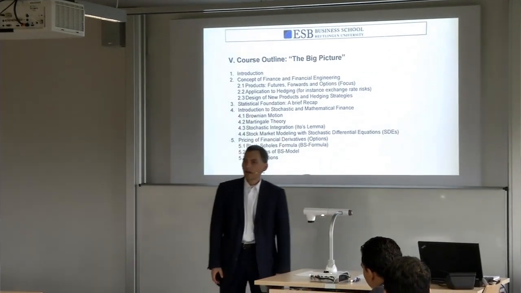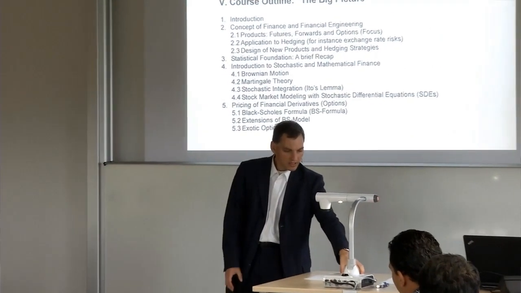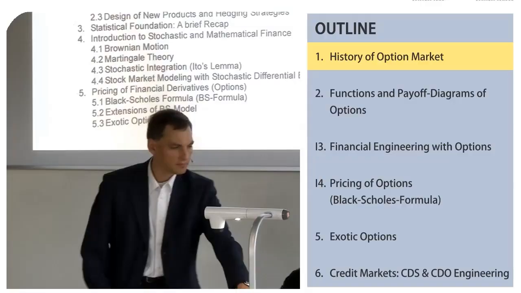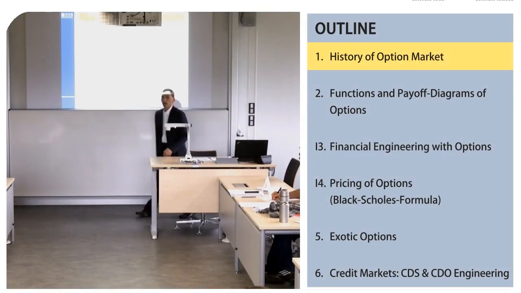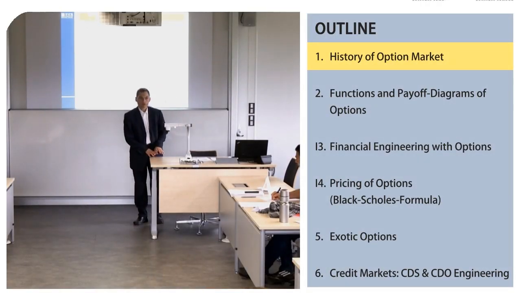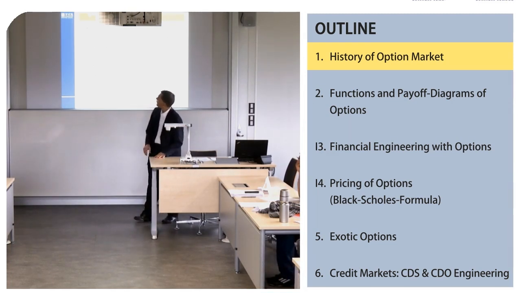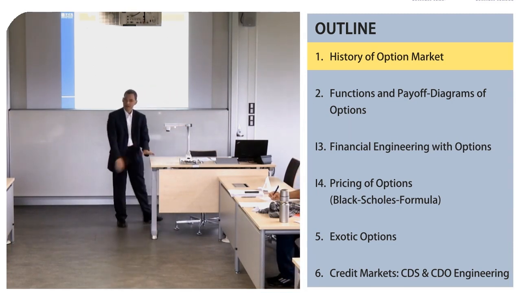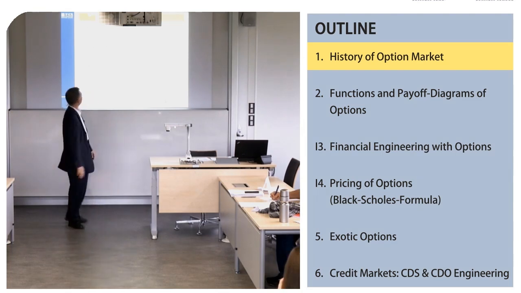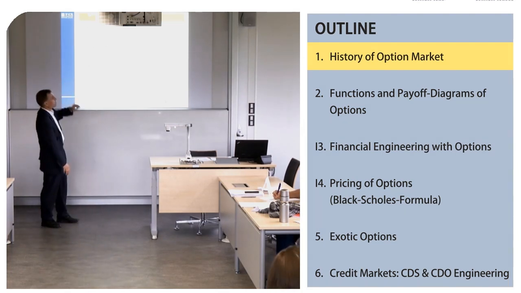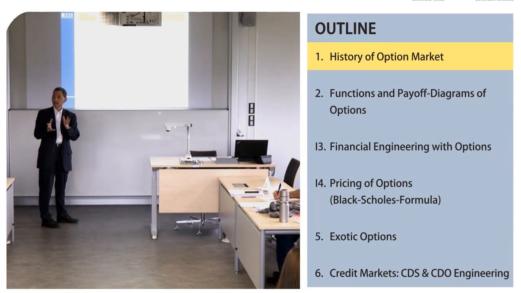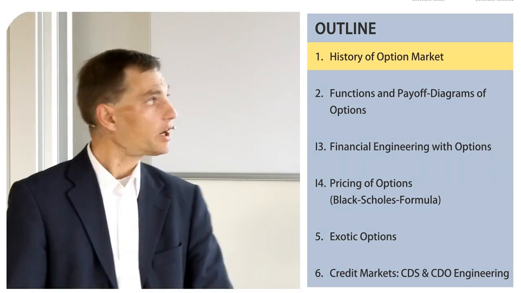Now let me start immediately with the first part, the introduction to option theory. This is my outline for today. We first start with a history of option markets, so a very smooth start, no math or anything, right? Then we talk about the payoff function of options to get an understanding of what an option is and how an option works.